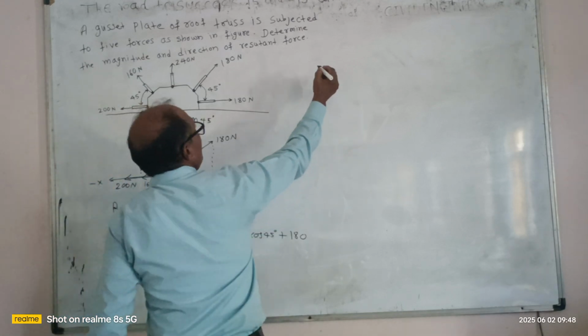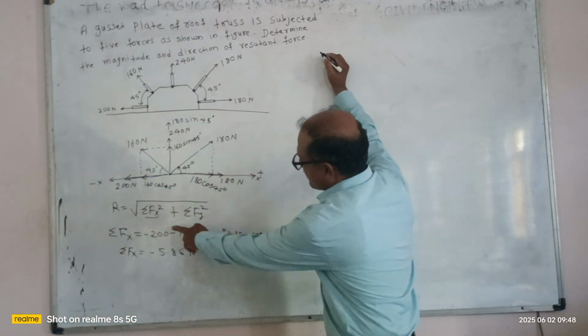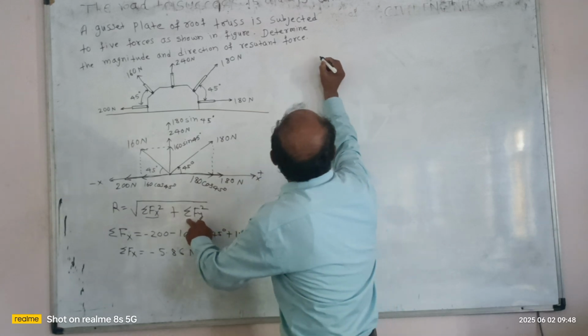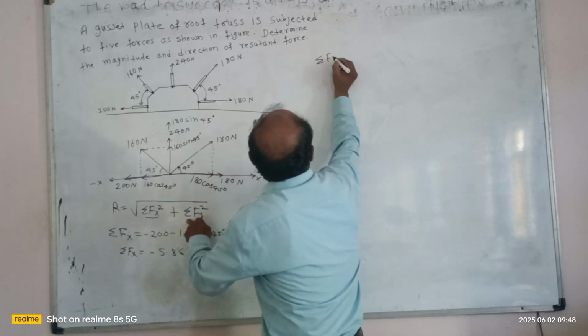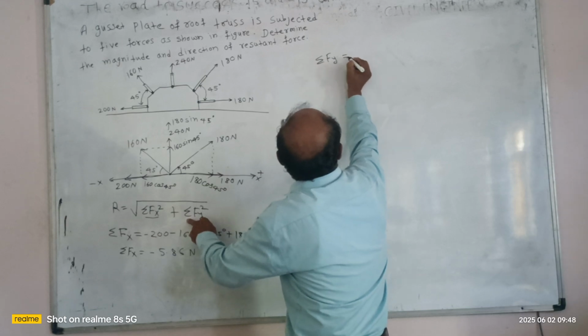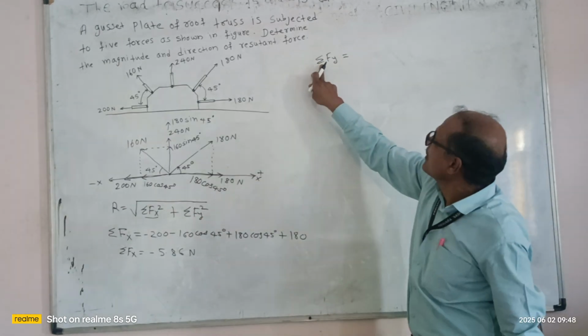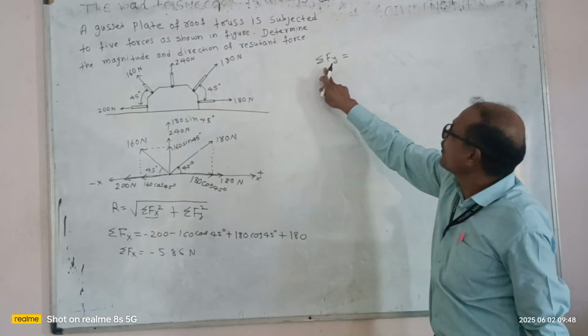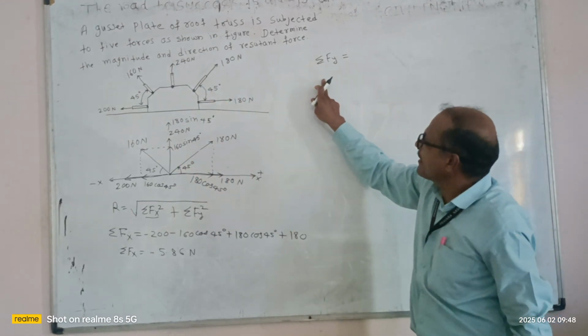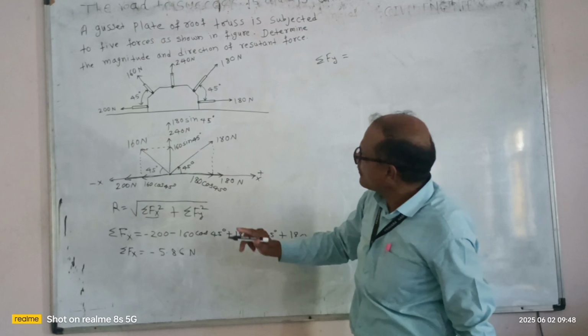Now, after this summation of Fx, we go to the algebraic summation of the y direction forces. Summation of Fy is the algebraic summation of all forces in the y direction.